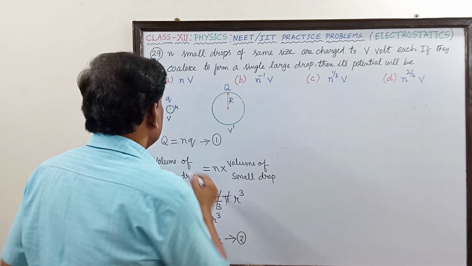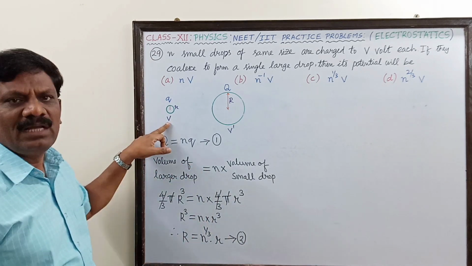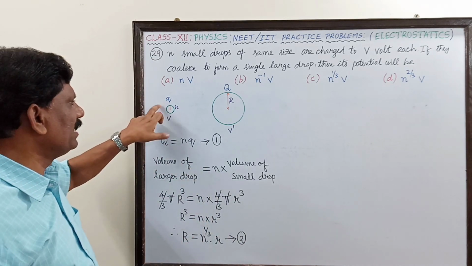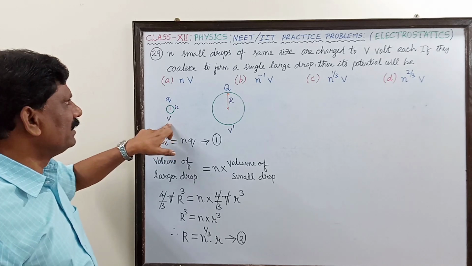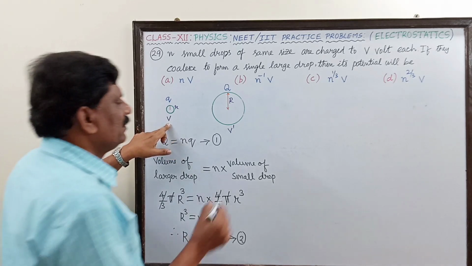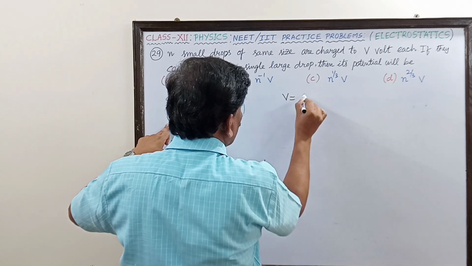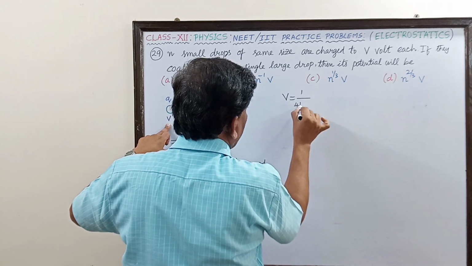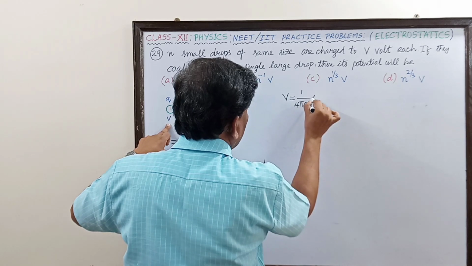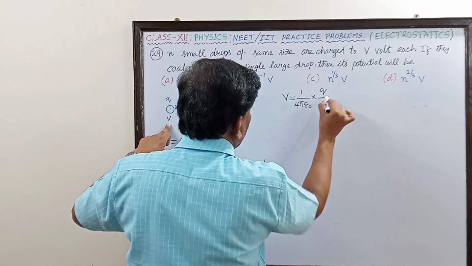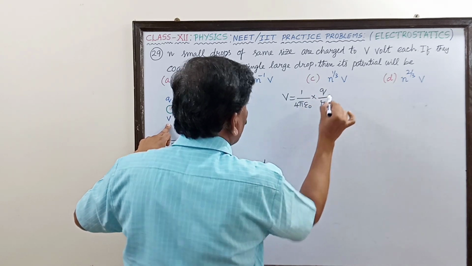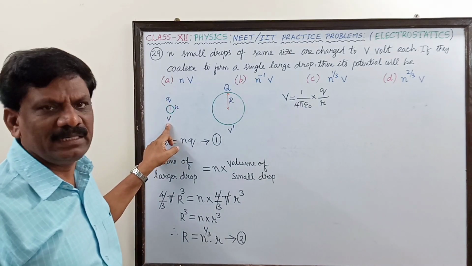Now what is the potential on the surface of the smaller drop? That is capital V. So we get an expression for the potential: V is equal to 1 by 4 pi epsilon naught into small q by small r.